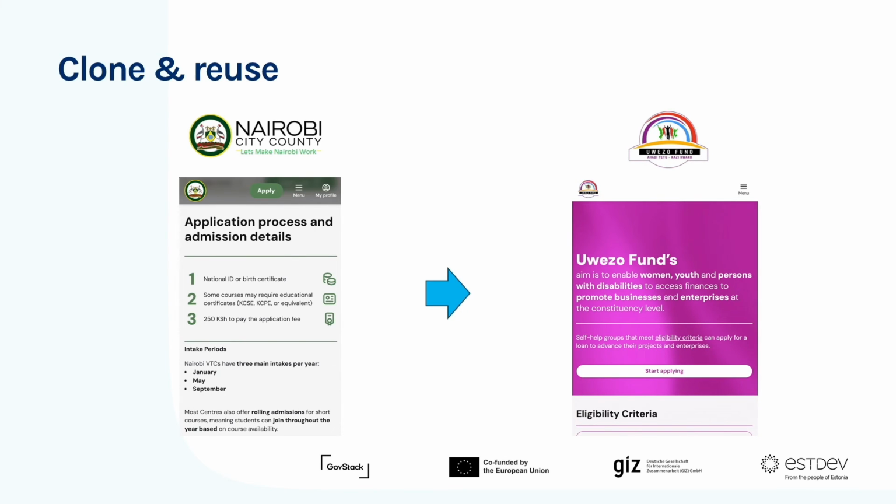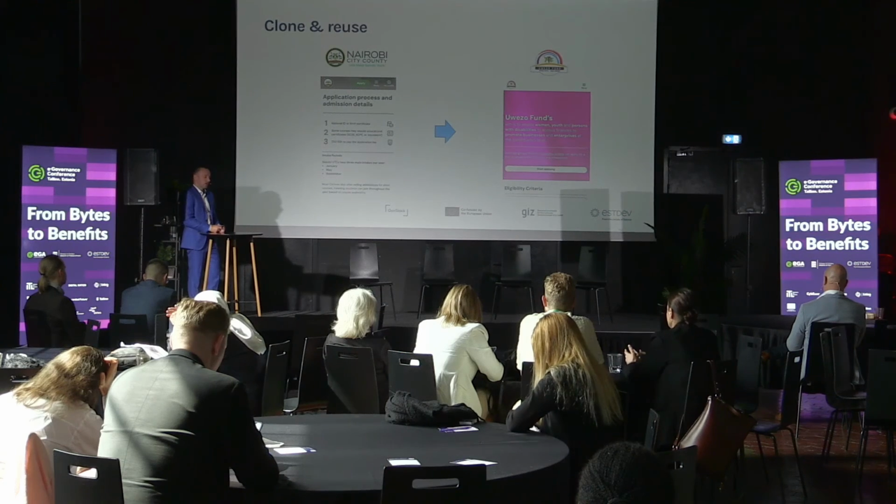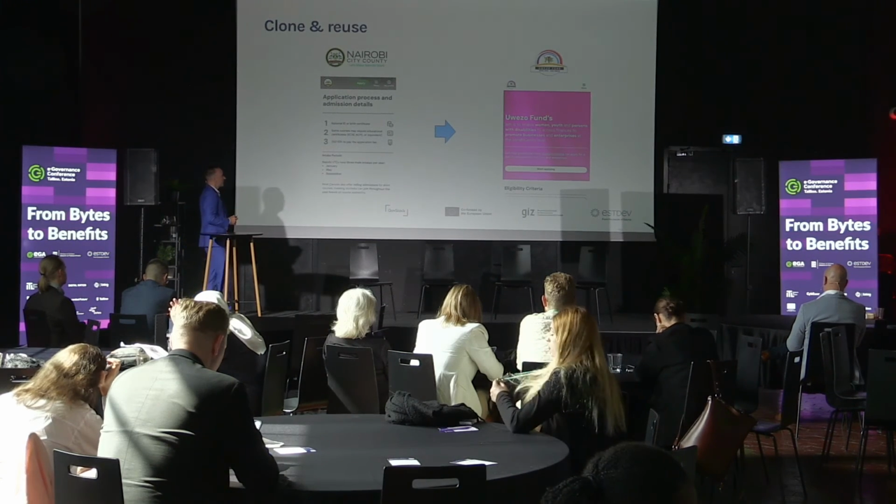Are they the correct people who should get it? But the IT system and the building blocks underneath those two things are the same. So that's how these principles of different service patterns, different building blocks, and different elements in the system can be used in GovStack.